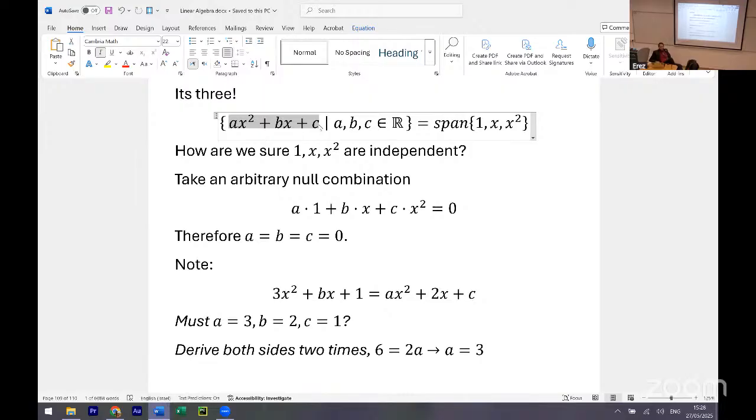So what we're asking here is does the combination cx squared plus bx plus a1 could be the 0 function. For all x, it must be 0. The only way is if all coefficients are 0. No other way. Is there a symbol for the 0 function?